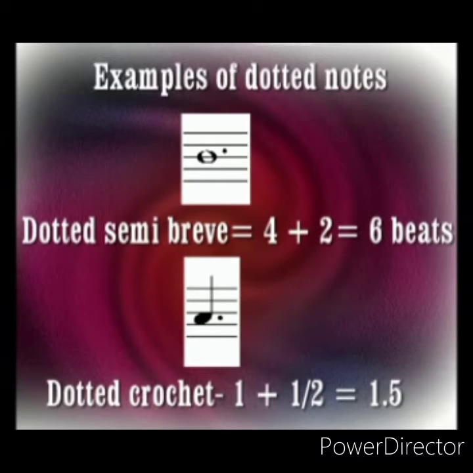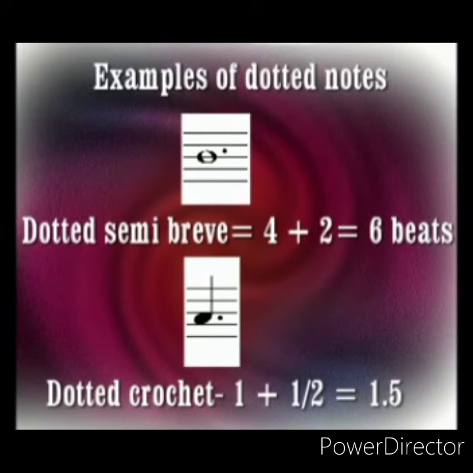Equally, when we look at a crotchet, which is 1, and a dot beside it, we conclude that half of 1, which is 50% of it, is a half. So a crotchet with a dot is increased by half of 1.